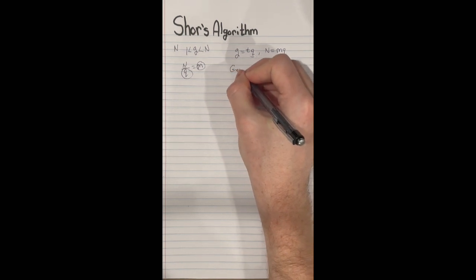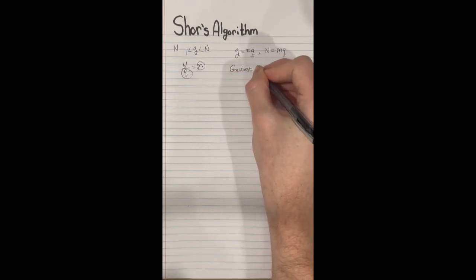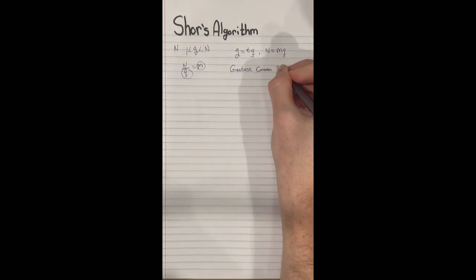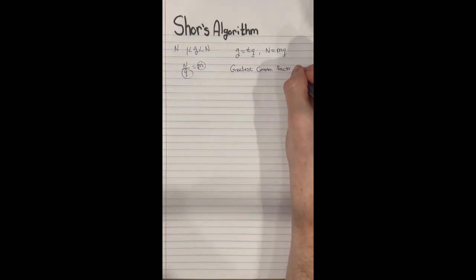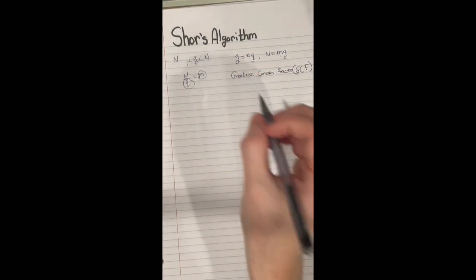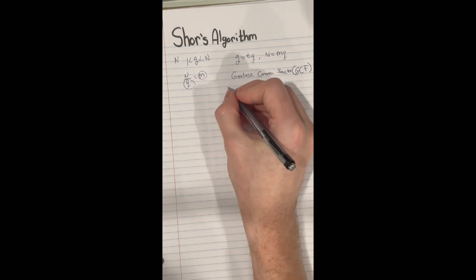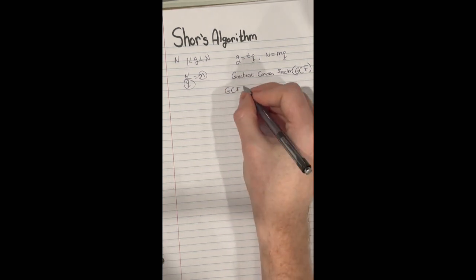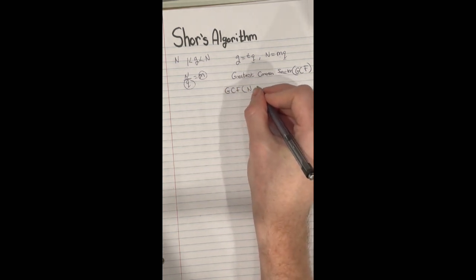So, greatest common factor, or you'll also often see GCF. So we'll make a guess for g that's somewhere between 1 and n, and then what we'll want to solve for is GCF of n and g.